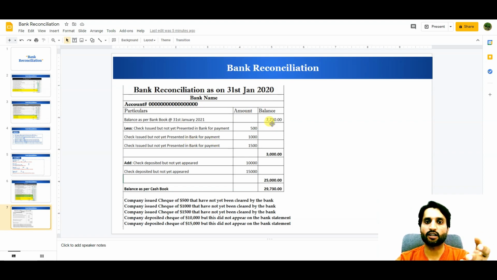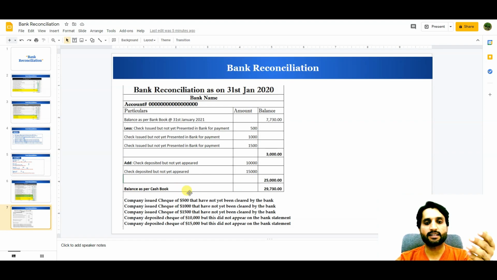So we will deduct 3000 from our bank balance of 7730. And the checks we have deposited but not yet appeared in our bank account will appear next month. So we will show the deposited checks here and add them back to the bank balance. So the total of 25,000 of checks will be added.